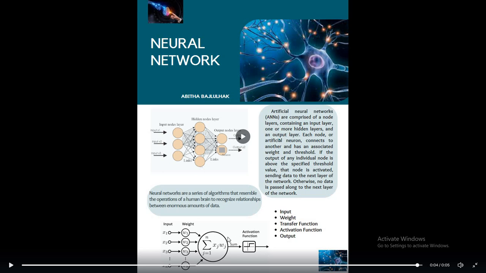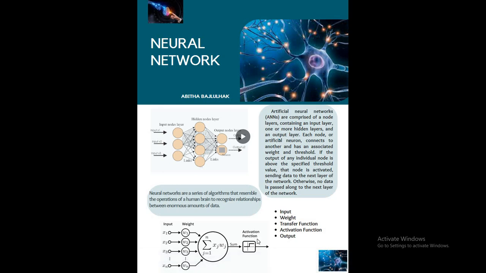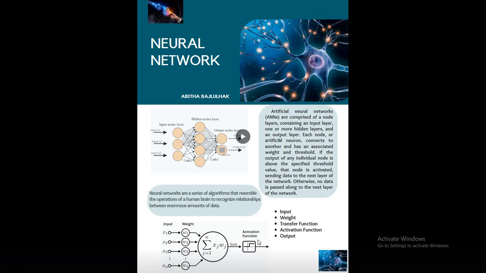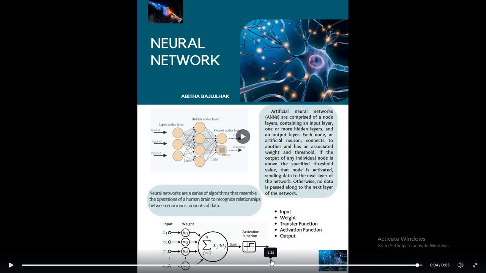So this is a simple neural network, and we have many types of standard neural networks like perceptron, feed-forward neural networks, and residual networks, called ResNet. And there are deep learning neural networks like recurrent neural networks, called RNN, LSTM, long short term memory neural networks, and convolution neural networks, CNN.